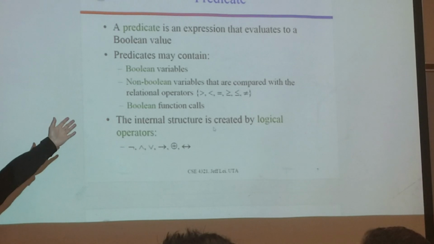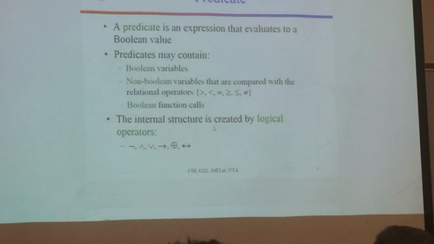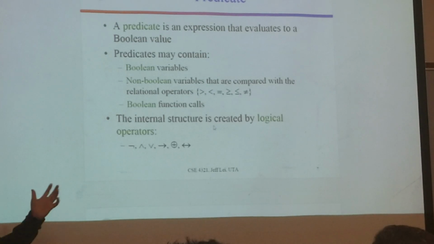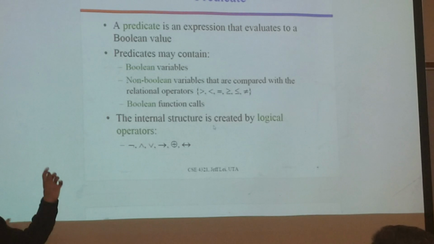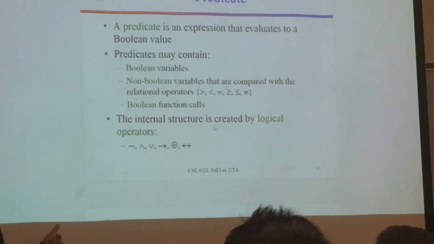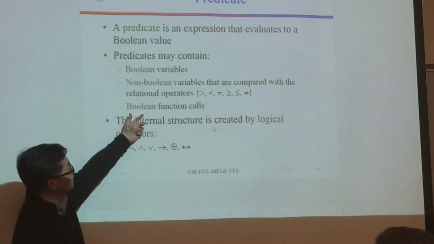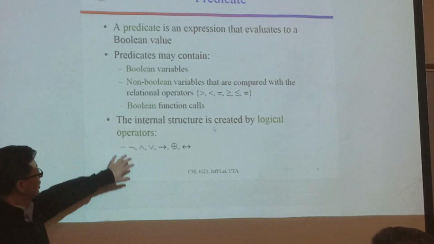The way to do that is that non-Boolean variables have to be compared with the relational operator, because the relational expression will be a Boolean expression, which will only have true or false. And then you could have Boolean functions as well.